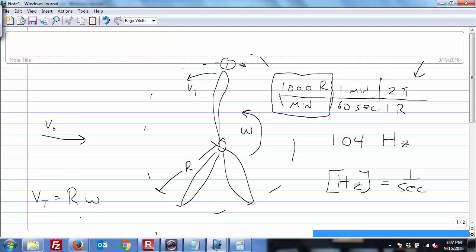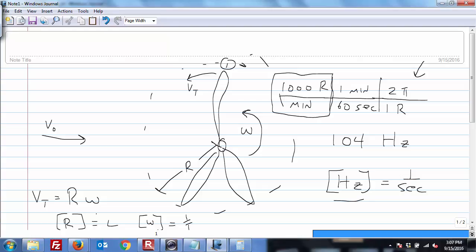the radius has dimensions of length, and the angular velocity has dimensions of 1 over time, as I just demonstrated here. So hertz are measured in 1 over seconds, inverse seconds, and seconds have a dimension of time.